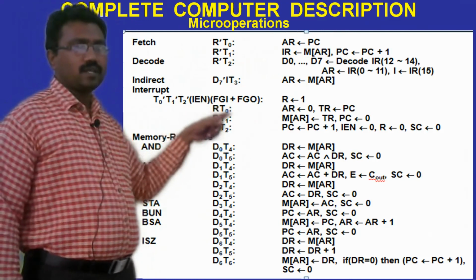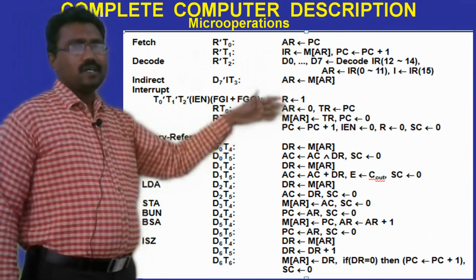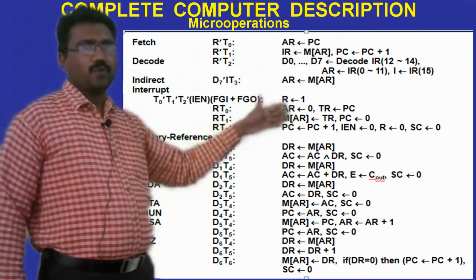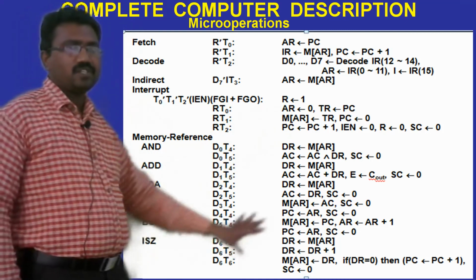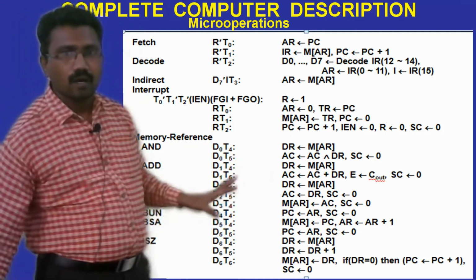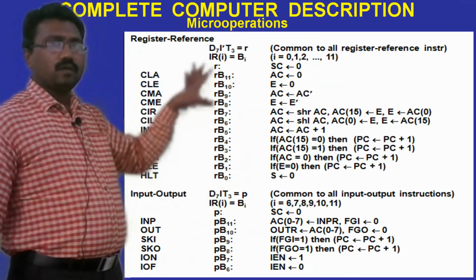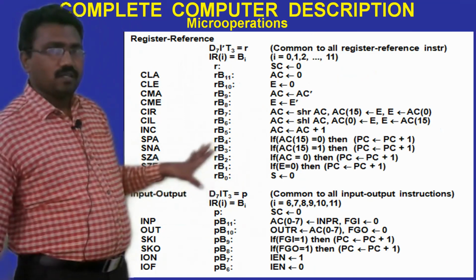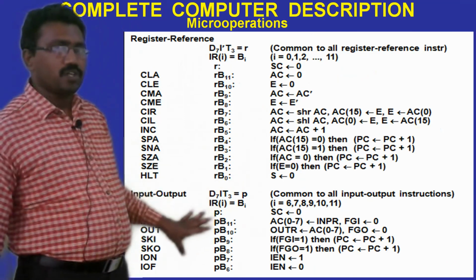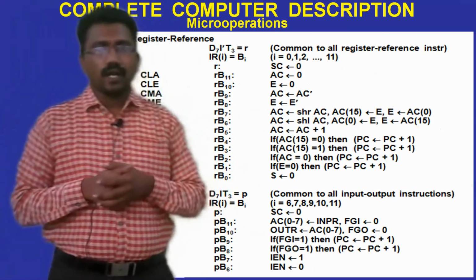These are the operations involved in the basic computer interrupt cycle. Also discussed in the previous session, these are the memory reference instructions, and these are the register reference instructions. And this one is the input output instructions. That's about basic computer organization.